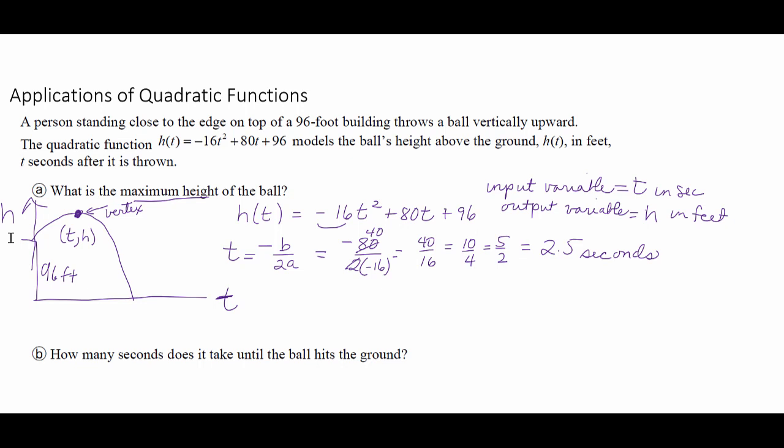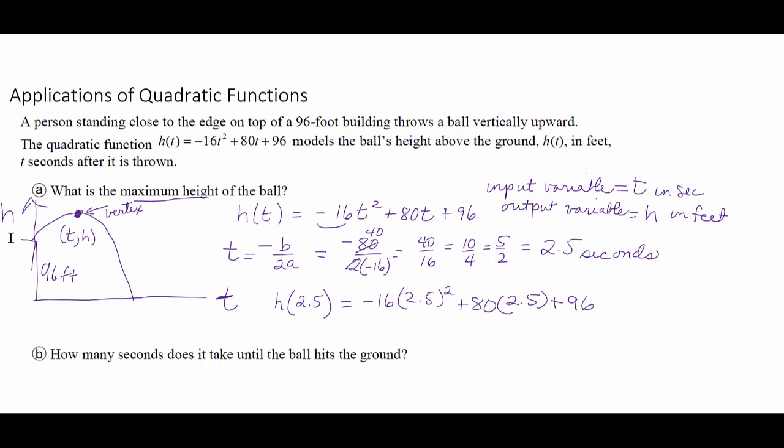Okay, but we haven't answered the question. What is the maximum height? Well, that means we need to find h. Now, when t is 2.5 seconds, we're going to do h of 2.5. This would probably be a great time to get our calculator out. Notice how I'm putting in the 2.5 where my t is so that I can figure out h.